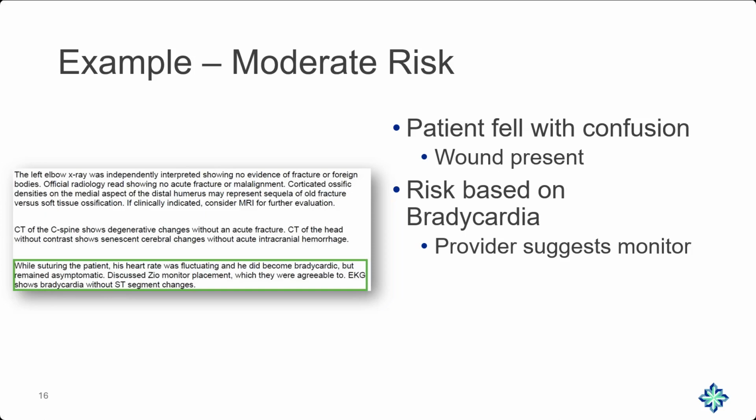So they did notice or did document that bradycardia, and the provider would like to monitor that. So they did discuss placing a monitor so that they can keep track of that. The patient was agreeable. And that bradycardia is something that is posing that risk. It is documented here what occurred, okay? And that bradycardia, again, is going to be at that risk. They're not necessarily using that straightforward low, moderate, or high risk language, but they are monitoring what their risk is.